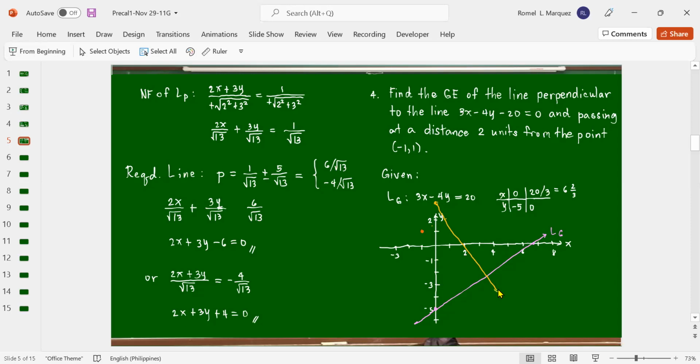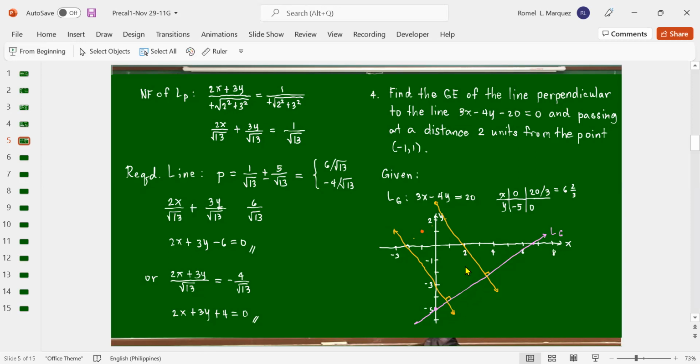Is there another possible line, guys? Yes, another possibility. So there are 2 possible lines.